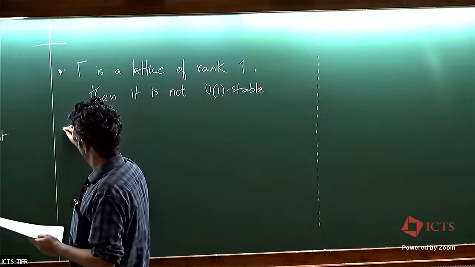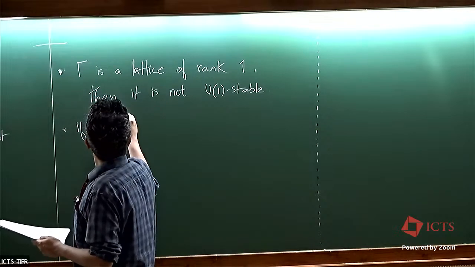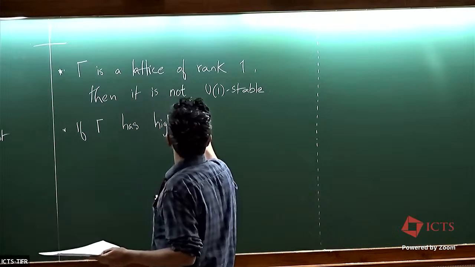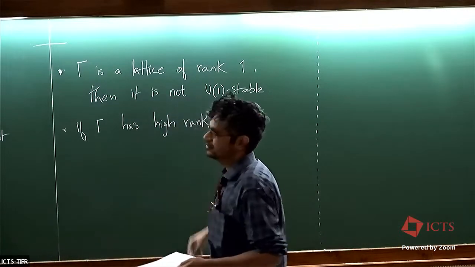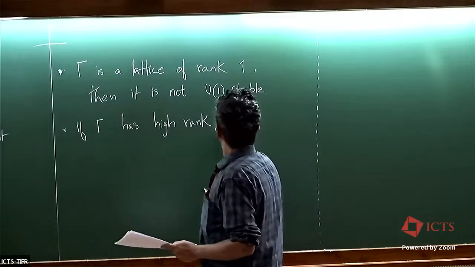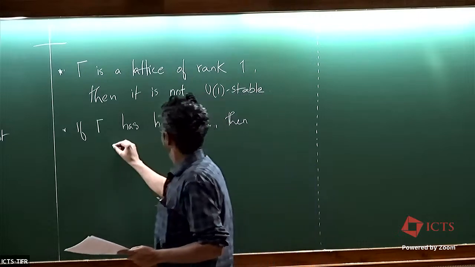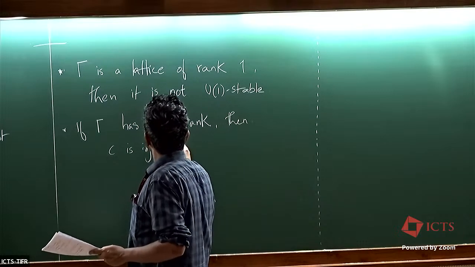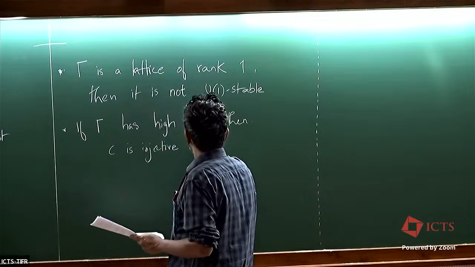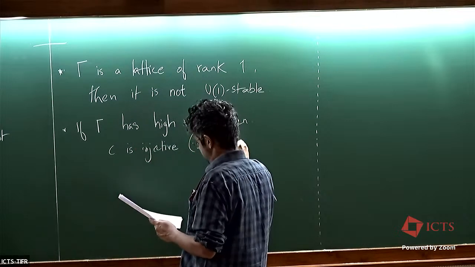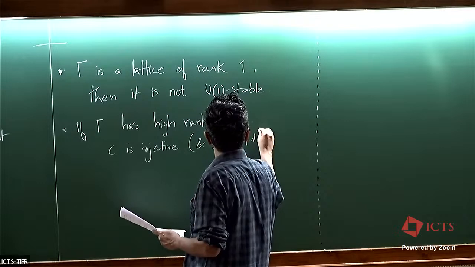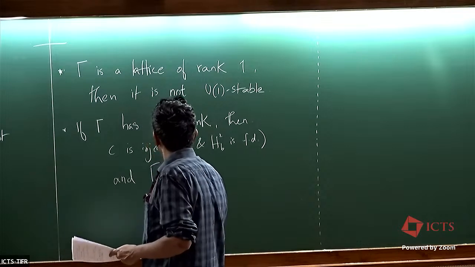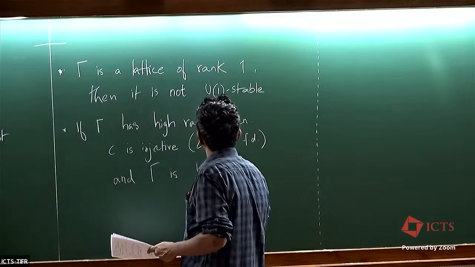The other is if gamma has high rank, that is, when I say high, it's usually just 2 or higher, then C is injective and H2 bounded is finite dimensional, and gamma is U1 stable.